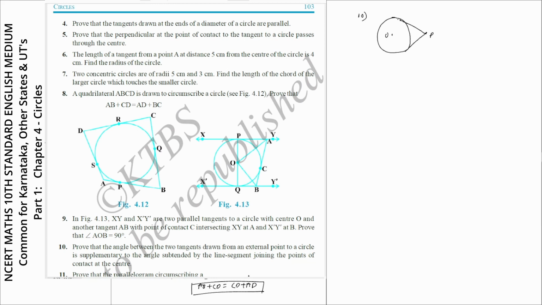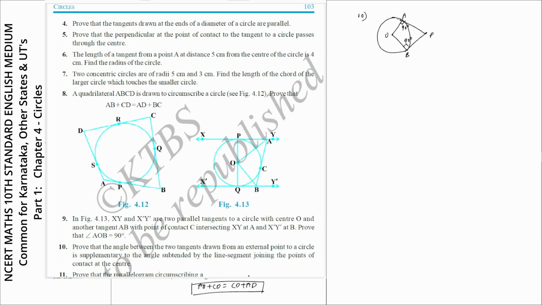Let the points of contact be A and B. I am joining OA and OB. OA and OB will be radii, and a radius makes an angle of 90 degrees to the tangent. So this is 90 degrees, this is also 90 degrees.